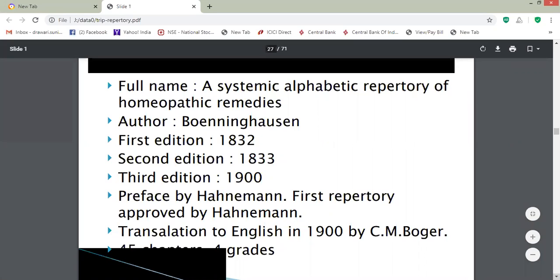Dr. Hahnemann was very satisfied with his work, and his repertory, that is Repertory of Antipsoric Medicine, was approved by Dr. Hahnemann, and it was published.